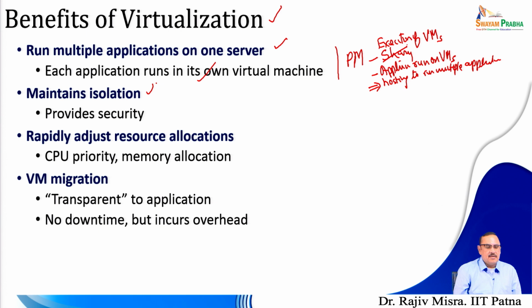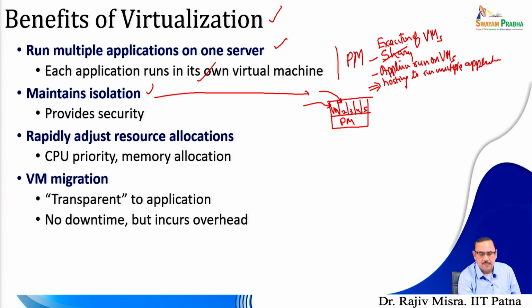The next benefit is that it maintains isolation. Isolation means if this is the physical machine and multiple virtual machines are running, 1, 2, 3, 4, 5, then virtual machine 1 will be isolated from virtual machine 2's execution; they will not interfere, hence they maintain the isolation.